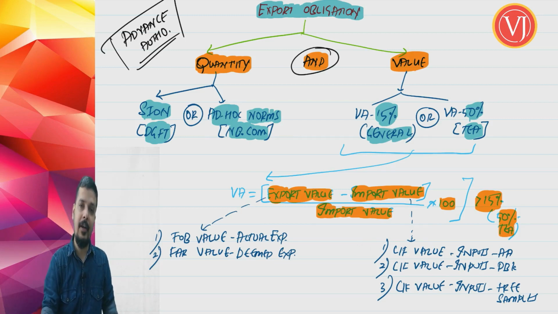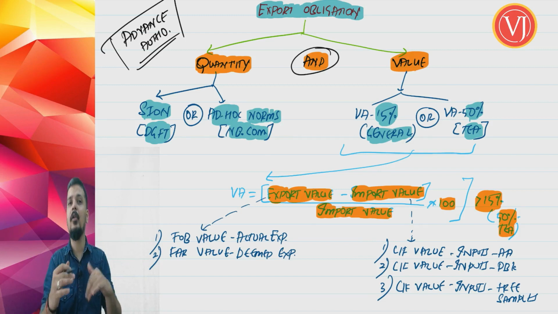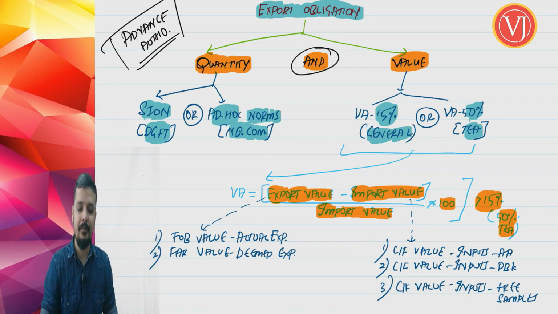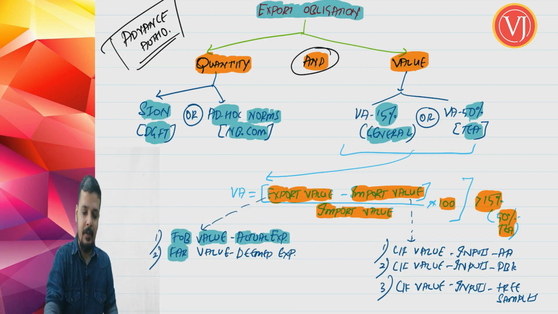Now, when you talk about your export value, you are going to include both your actual exports and deemed exports. So your export value is FOB value for your actual exports and FOR value, free on road, for your deemed exports.